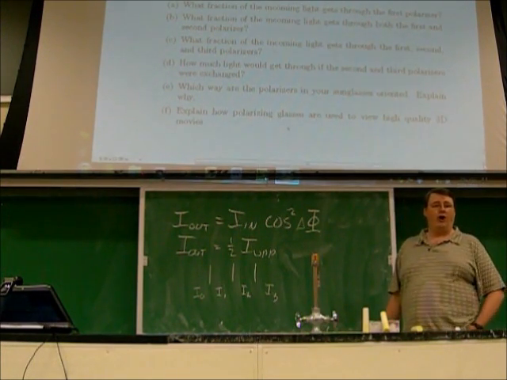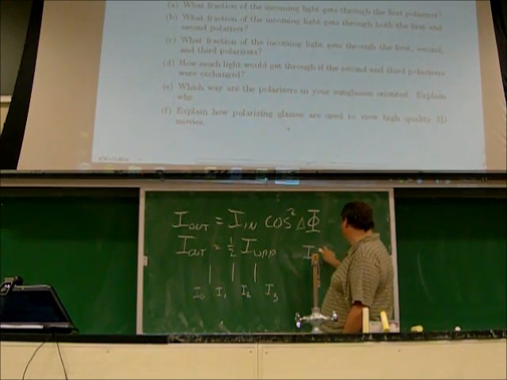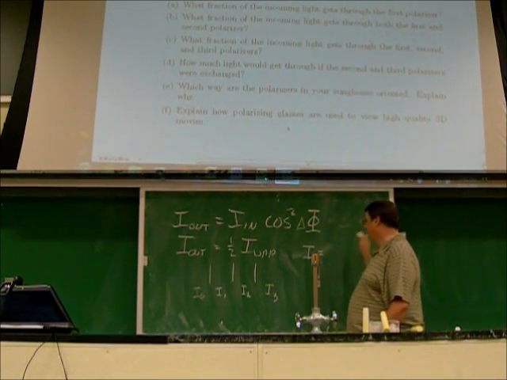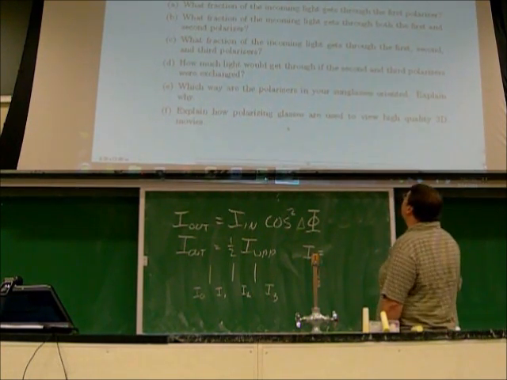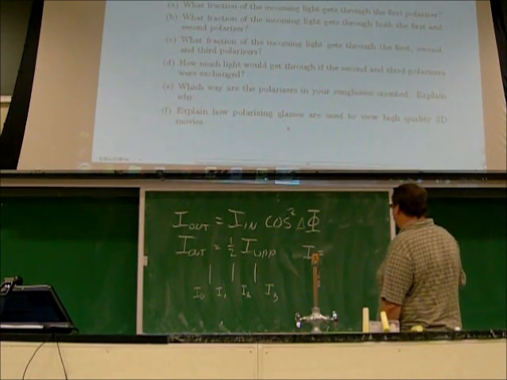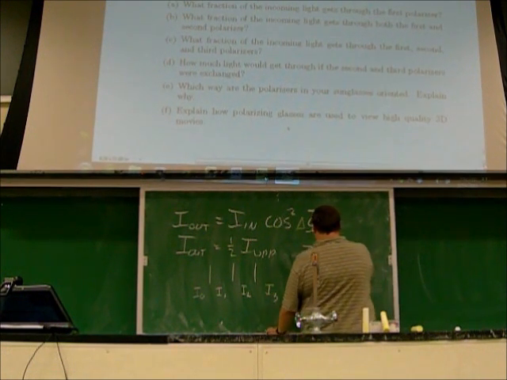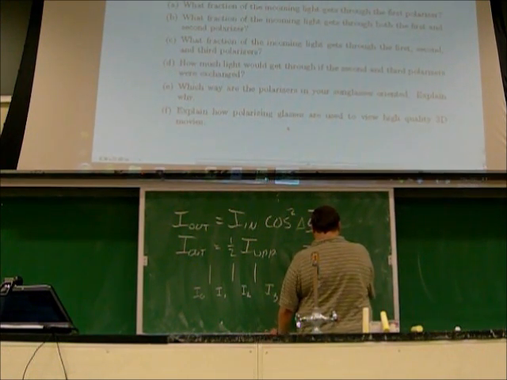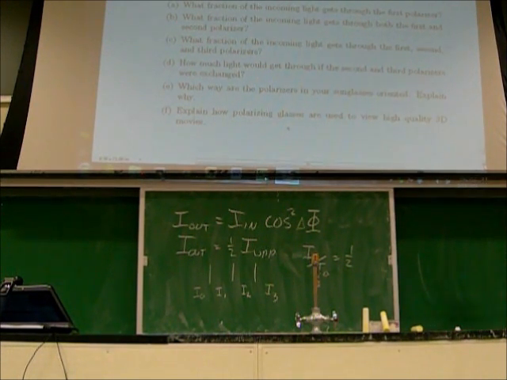How do I get I1 from I0? It's just half. What fraction of the incoming light goes through the first polarizer? 1/2. So I1 over I0 equals a half.